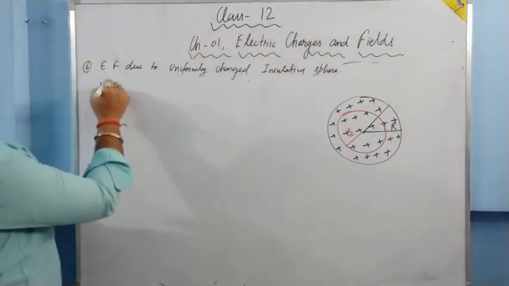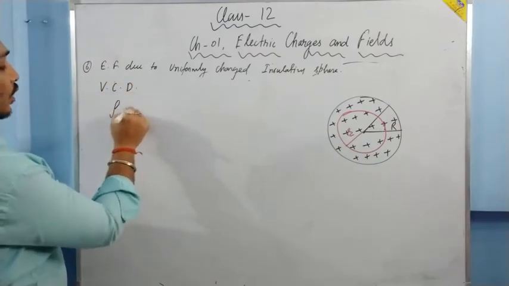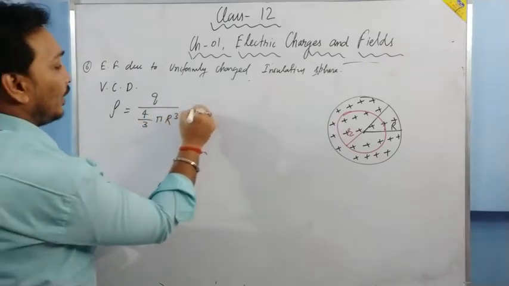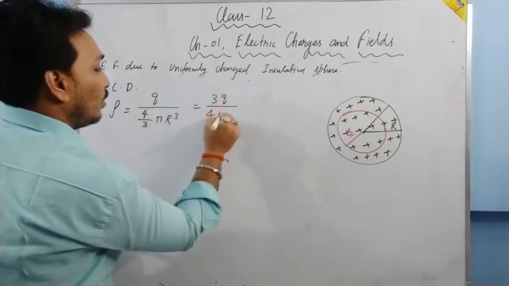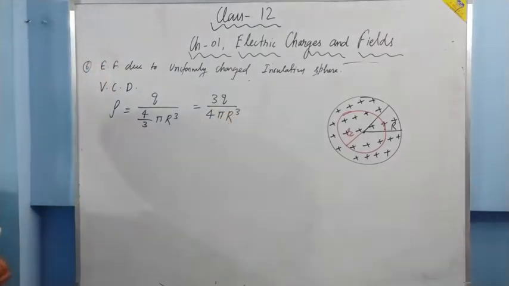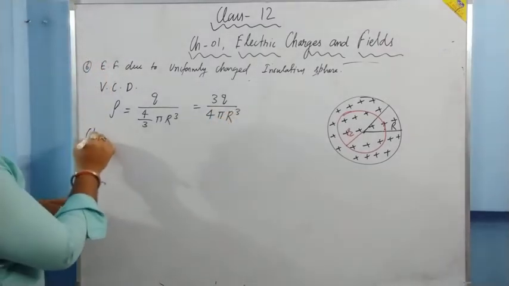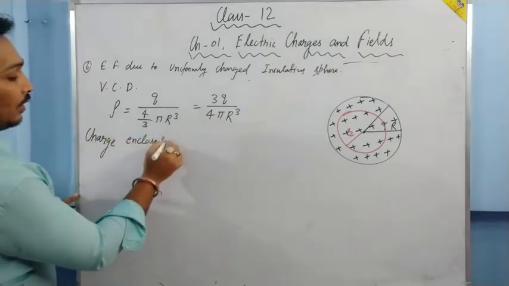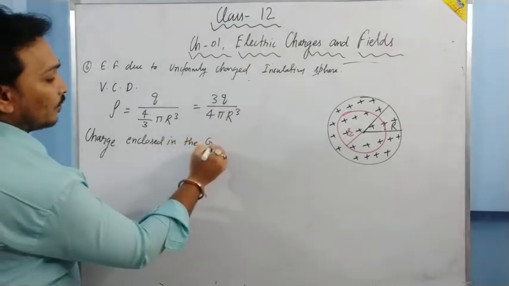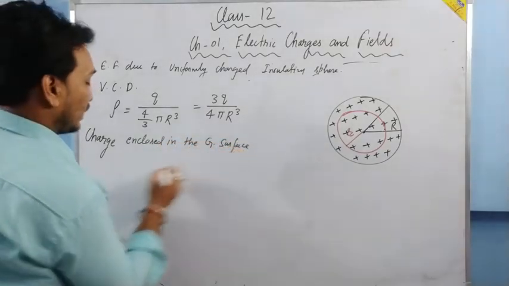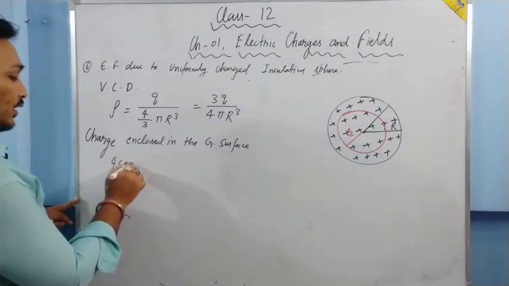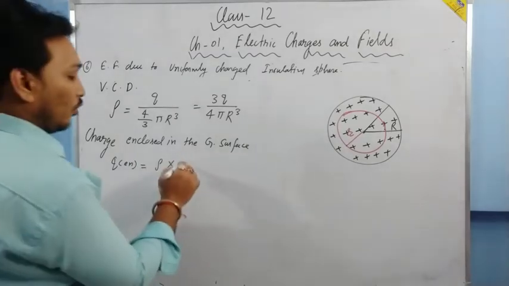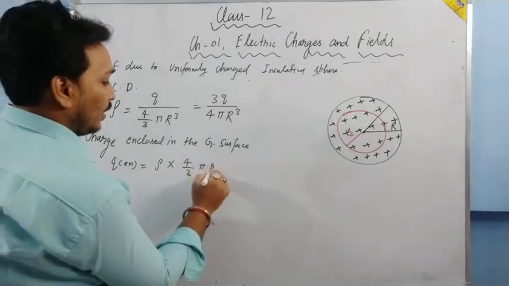Now we will calculate volume charge density rho, which is total charge upon volume of the sphere, and it will become 3q upon 4 pi R cube. Charge enclosed in the Gaussian surface, Q enclosed, is given by what is the charge density, that is rho, and what is the volume of that Gaussian surface, 4 by 3 pi small r cube.